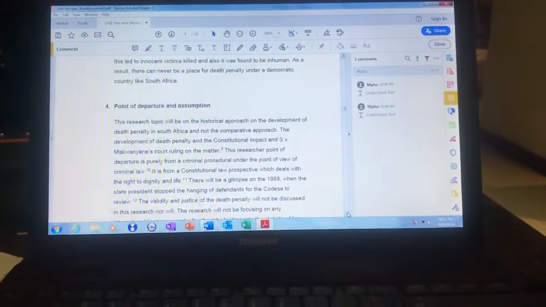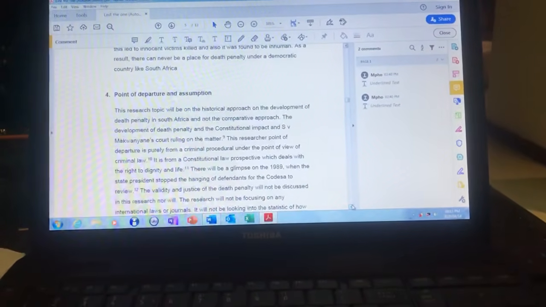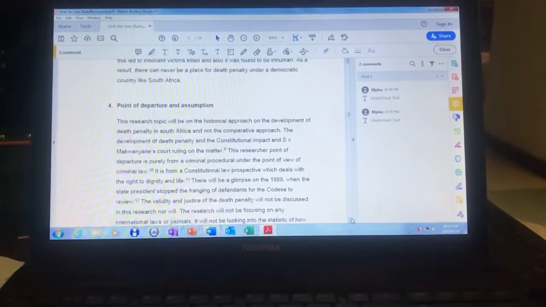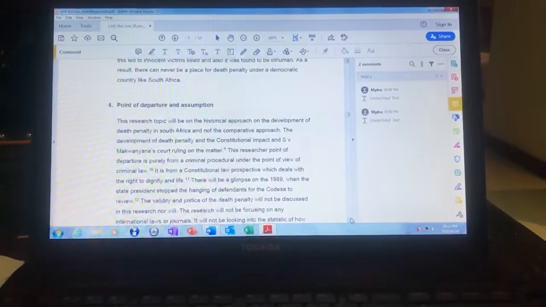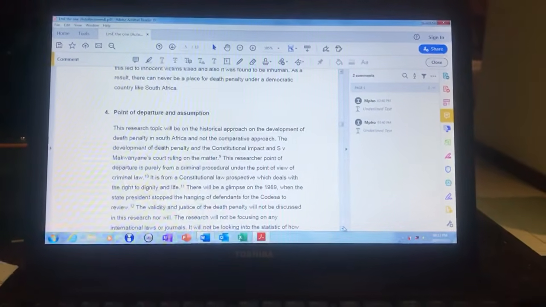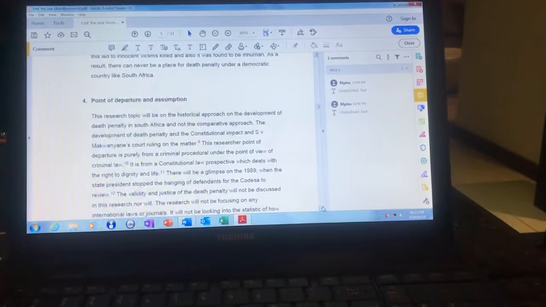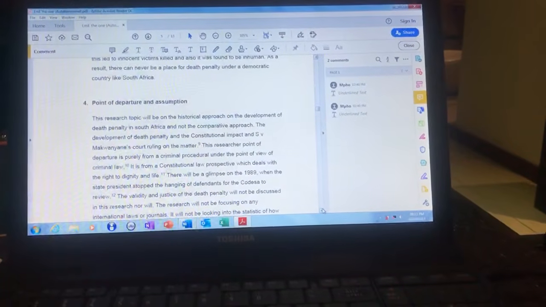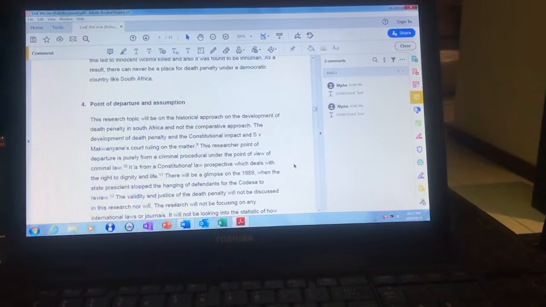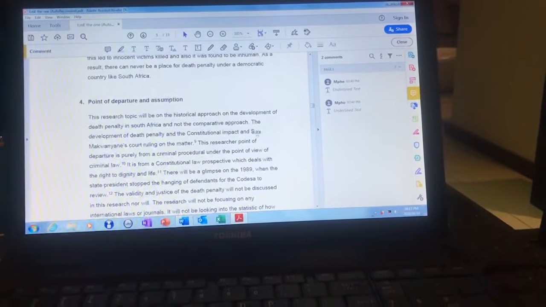Now, point of departure, I think it's also simple. Here you explain which angle you're taking to explain the research. Don't forget to state which angle you want to be taking, and as well which angle you won't be taking. So as much as you've explained which angle you're taking, you also have to say that you won't be taking a certain approach.